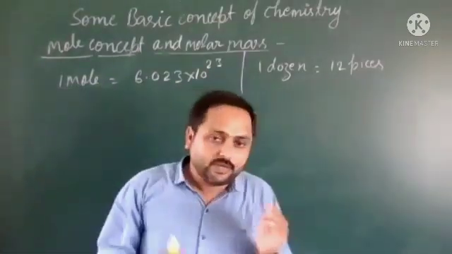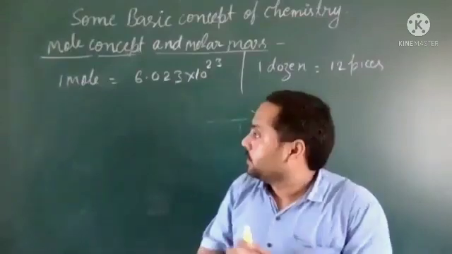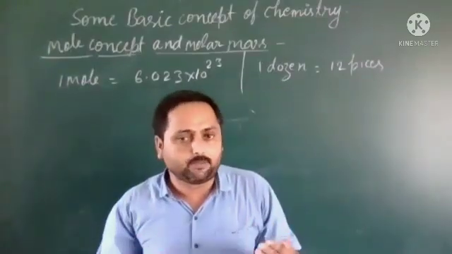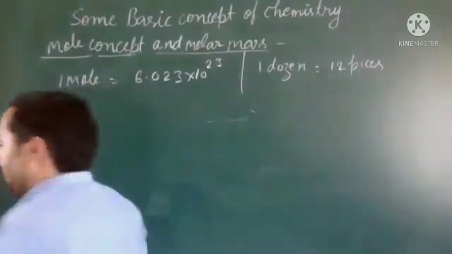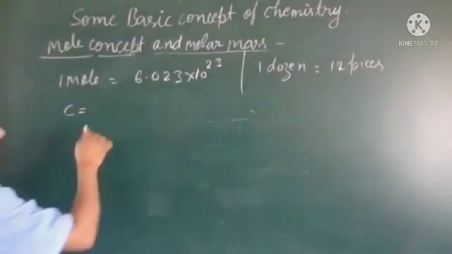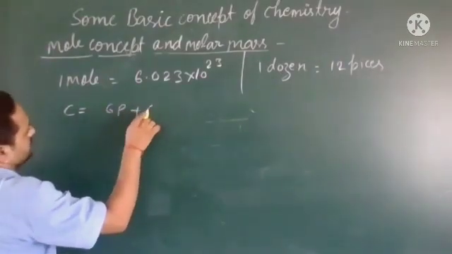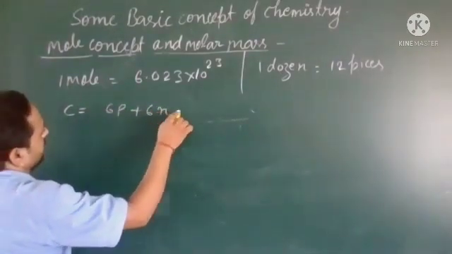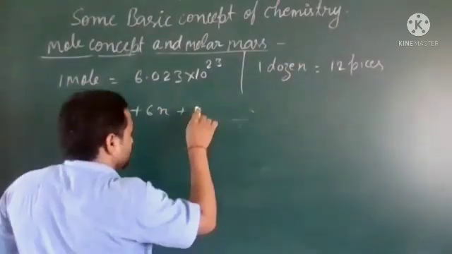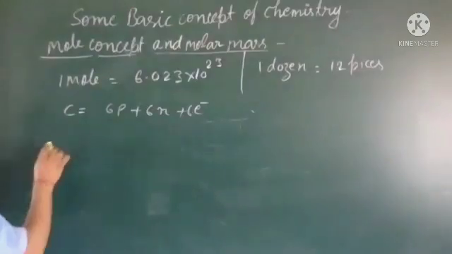Here, we have started from carbon. We have taken carbon as a standard atom. You might know that carbon has 6 protons, 6 neutrons, and 6 electrons.